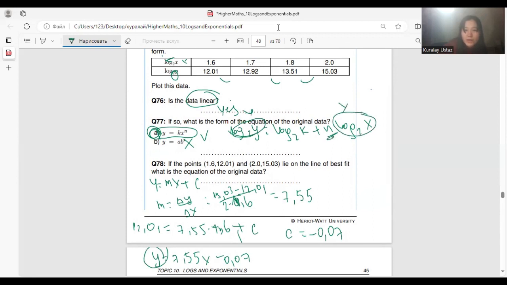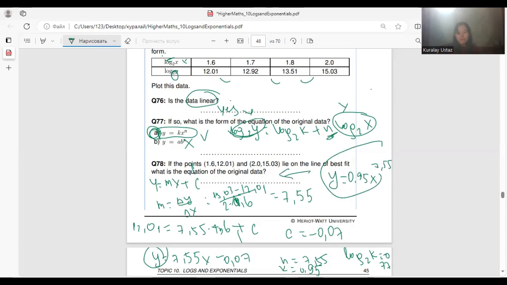So n here equals 7.55, and now we need to find k. Logarithm base 2 of k equals minus 77. So k equals, so the answer: y equals 0.95 x to the power 7.55. So that should be the answer for the question.